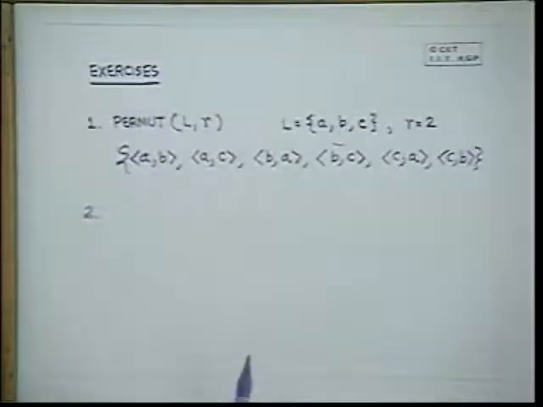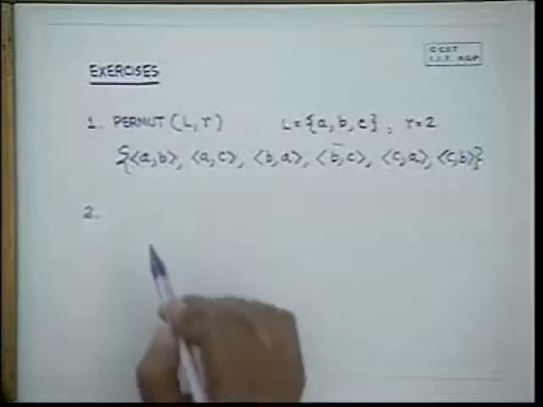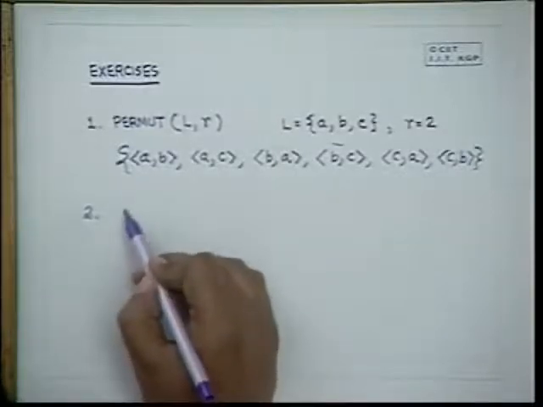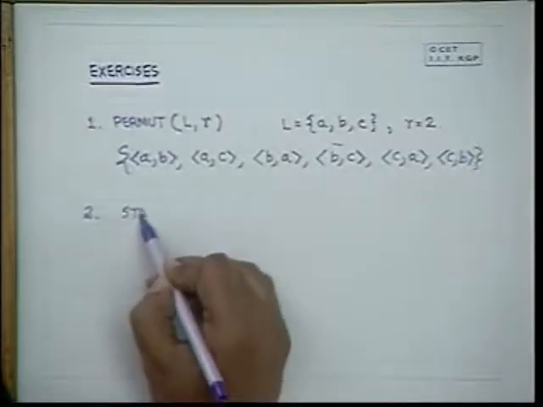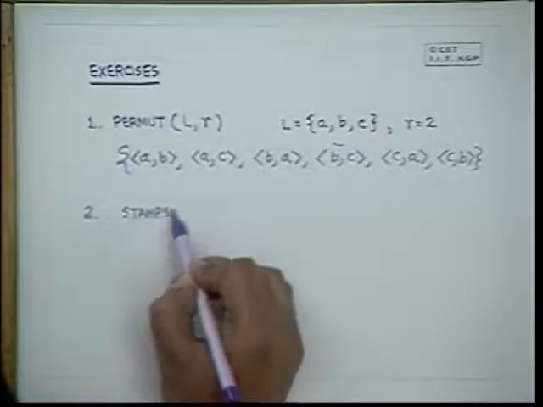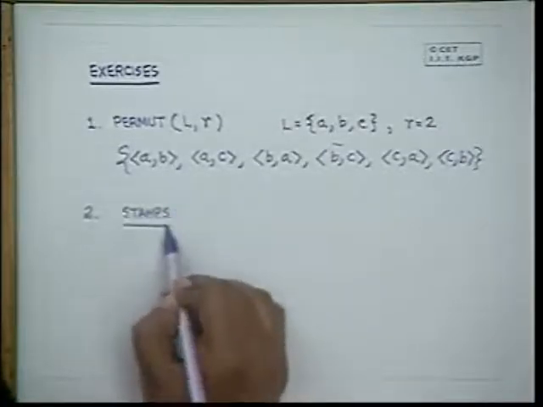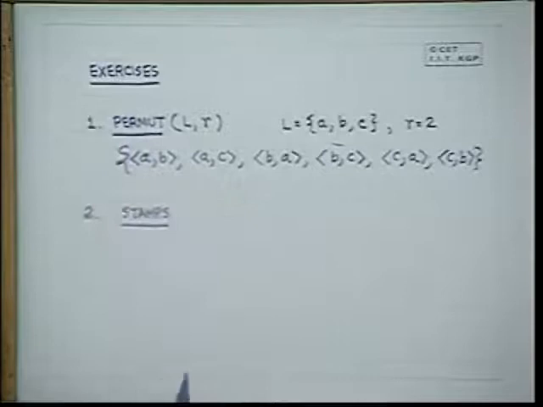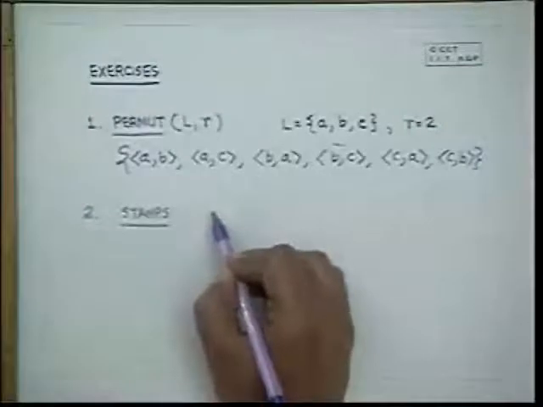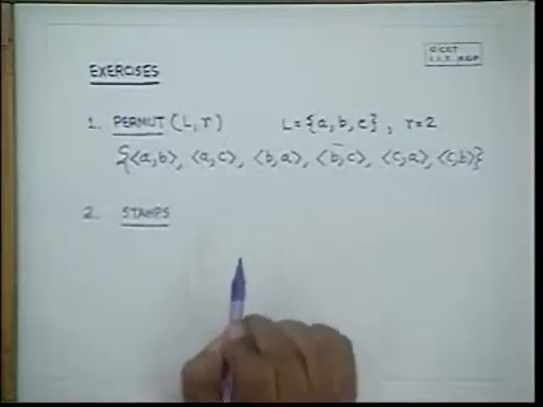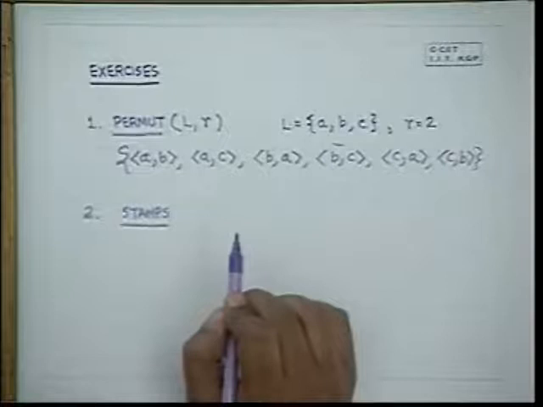The second problem is, let us call it the stamps problem. You are given a set of stamps. Stamps means you are given a set of values of stamps. Alright?